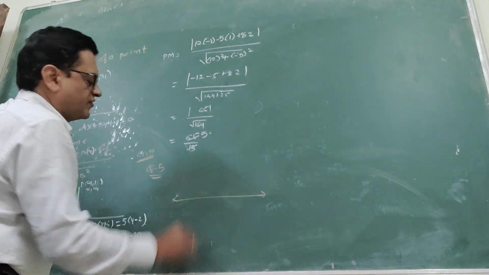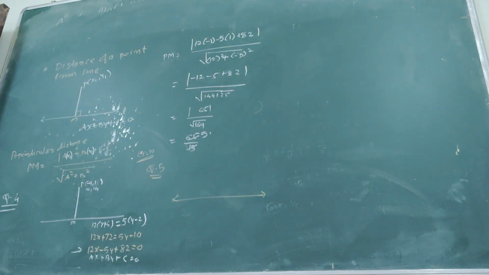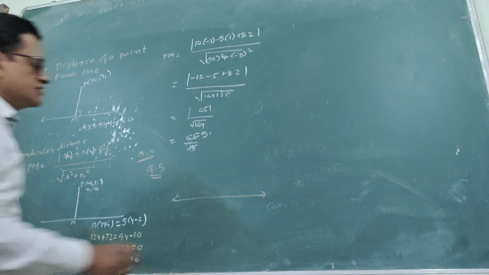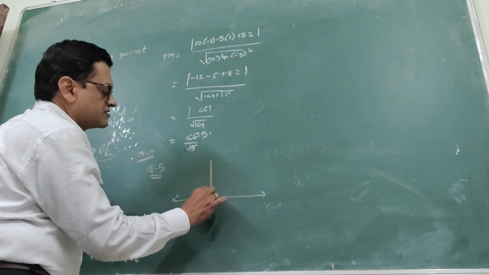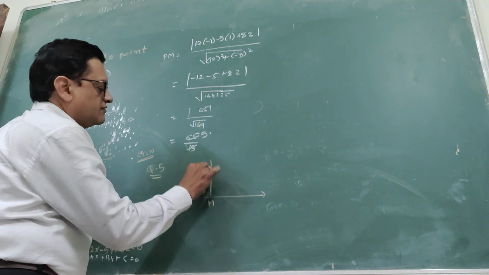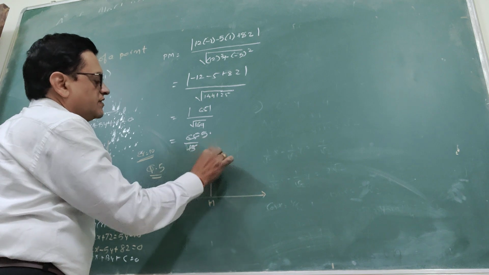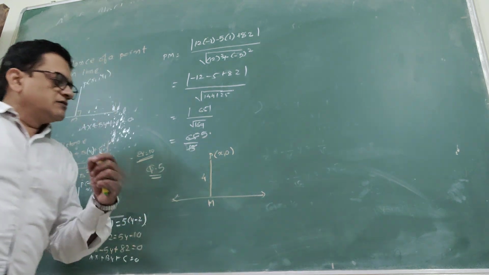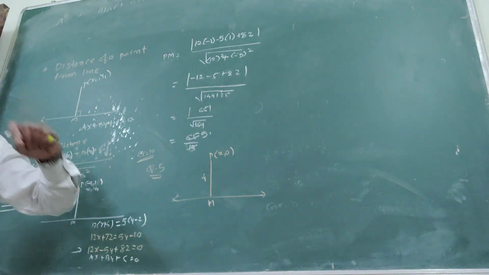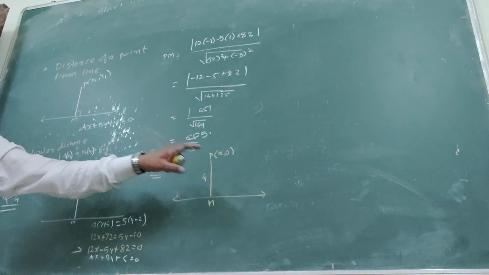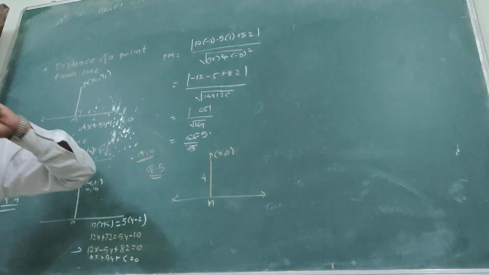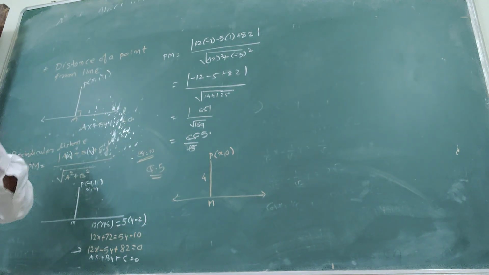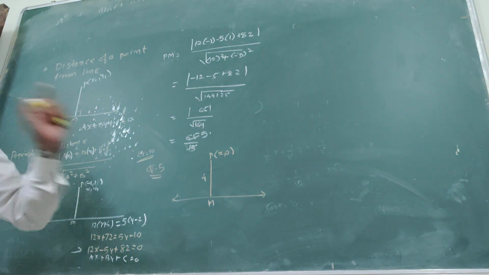We have to find the point on the x-axis whose distance from the line is 4 units. We are given the distance, 4 units. If we have to find the point on the x-axis, then our coordinates will be (x, 0). If the point is on the y-axis, our coordinates will be (0, y).